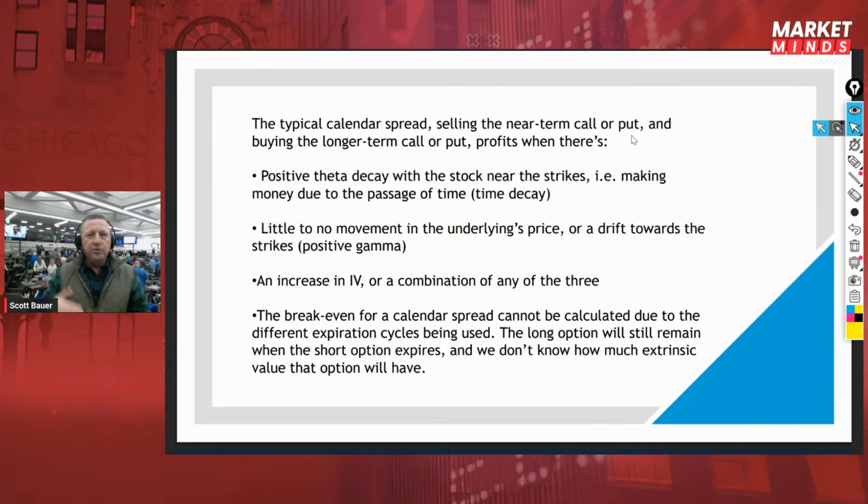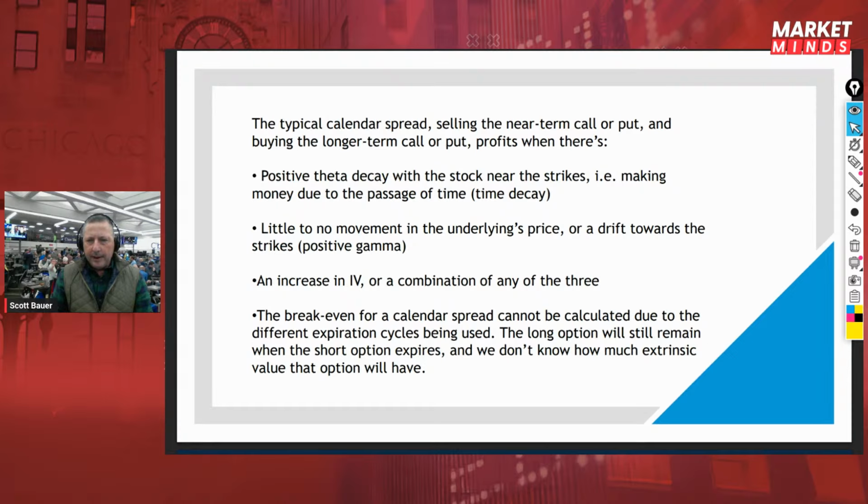So with a calendar, you're still going to have that positive theta decay because that nearer term option that we have sold is going to decay quicker. We always want a stock to gravitate towards that short. And an increase in implied volatility is very good for this type of trade.